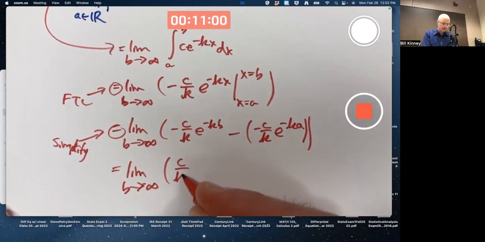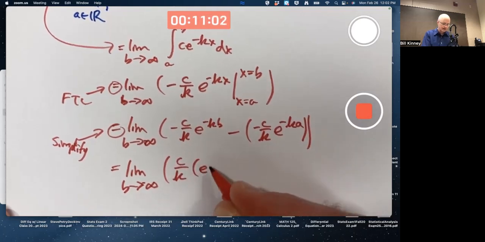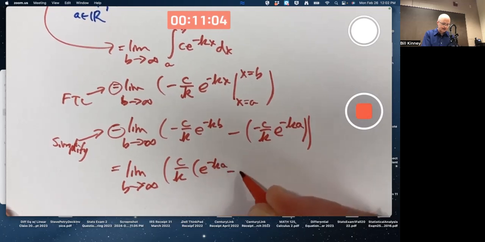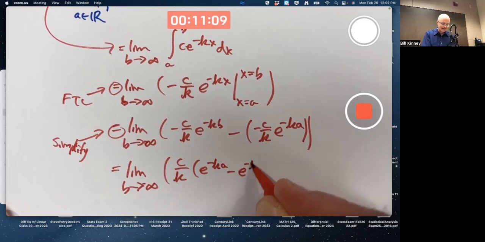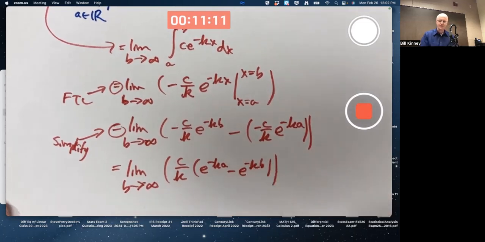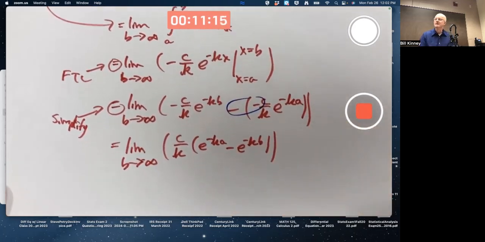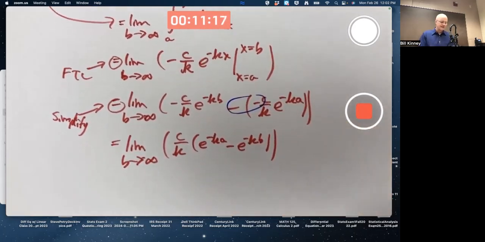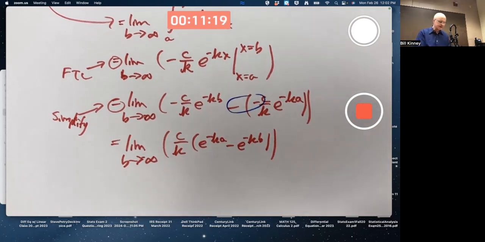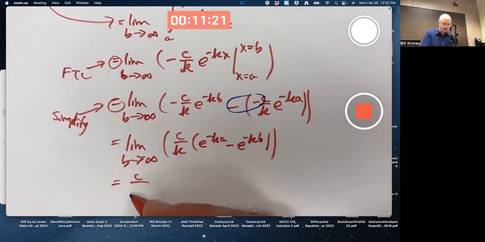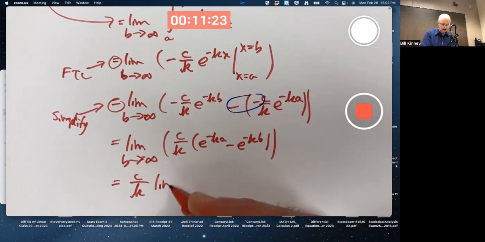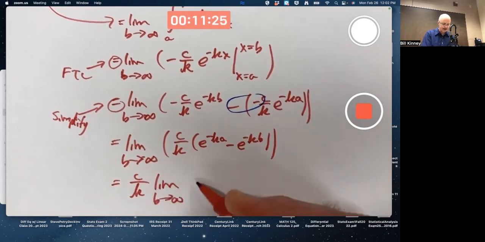I'll factor out the c over k and write what's left like this. The two minus signs, by the way, make a plus sign. And if the limit exists, I can factor out the c over k. I'll go ahead and do that just for the sake of clarity. Assuming the limit exists, I can write this.